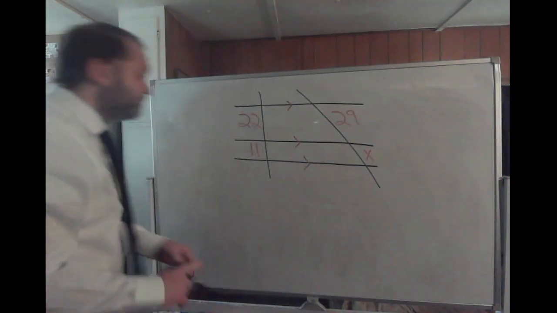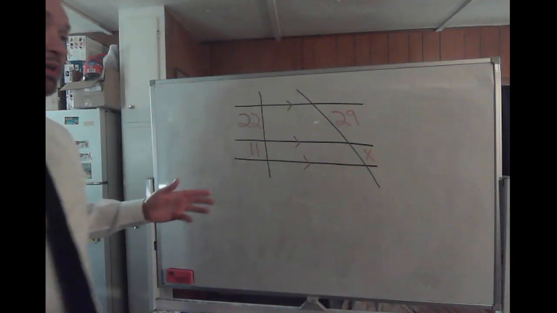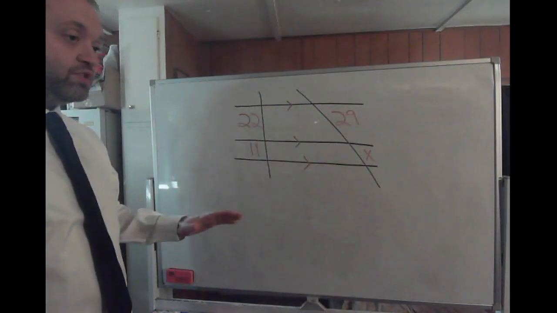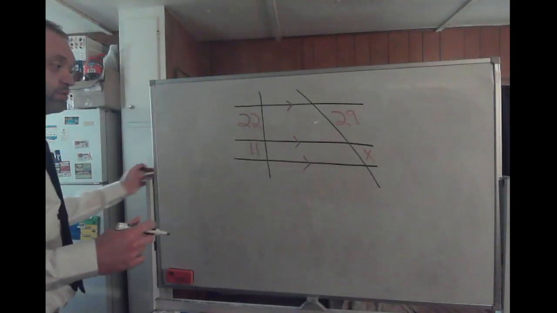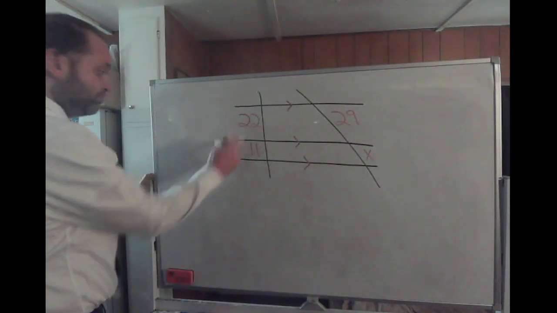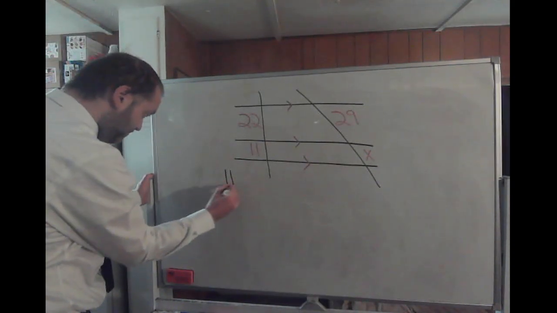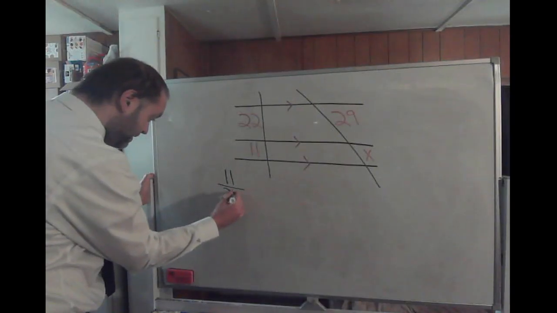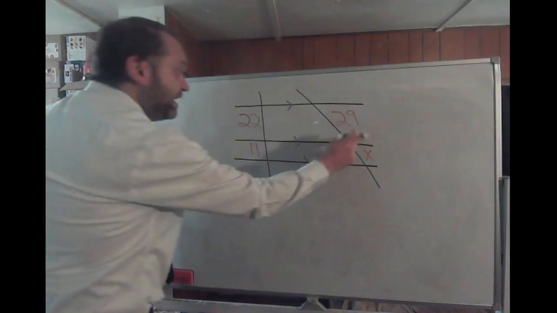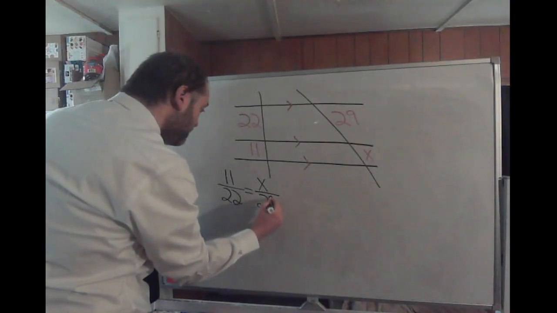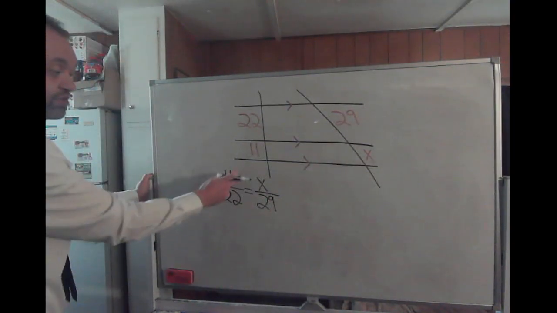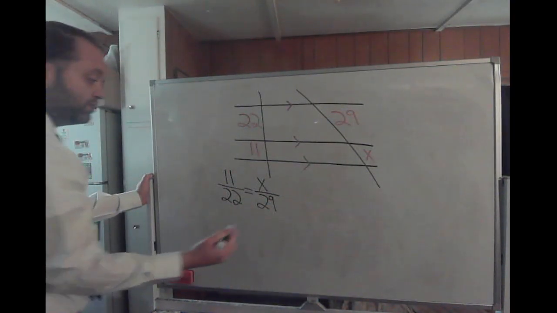So since these lines are parallel, cut by two transversals, it divides the transversals proportionally. So set up your proportion, which would be 11 to 22. That's going to be equal to x over 29. Well, 11 to 22 simplifies to 1 to 2, right?